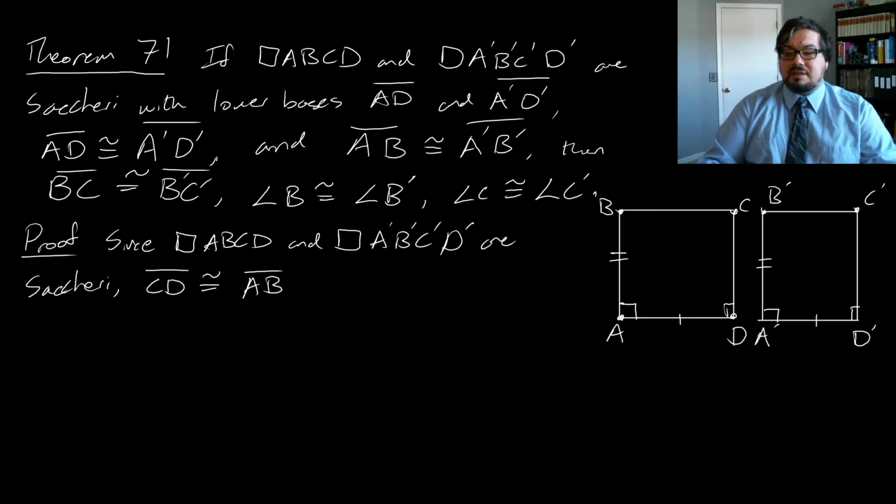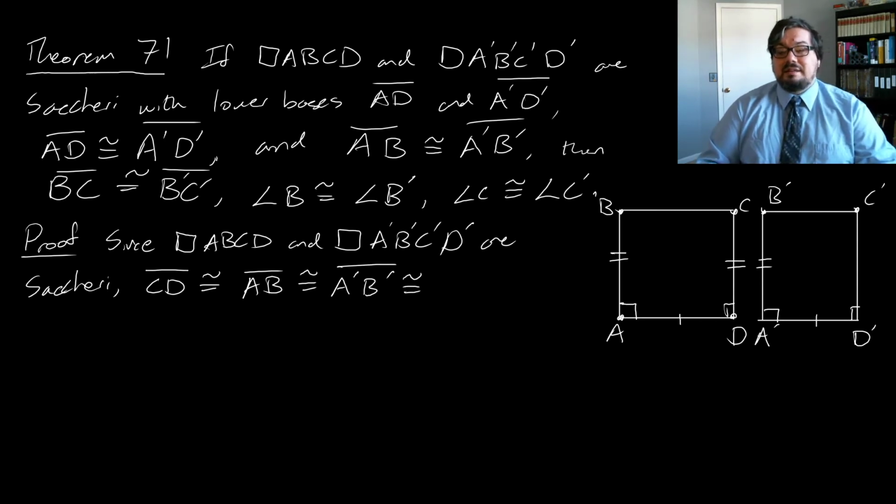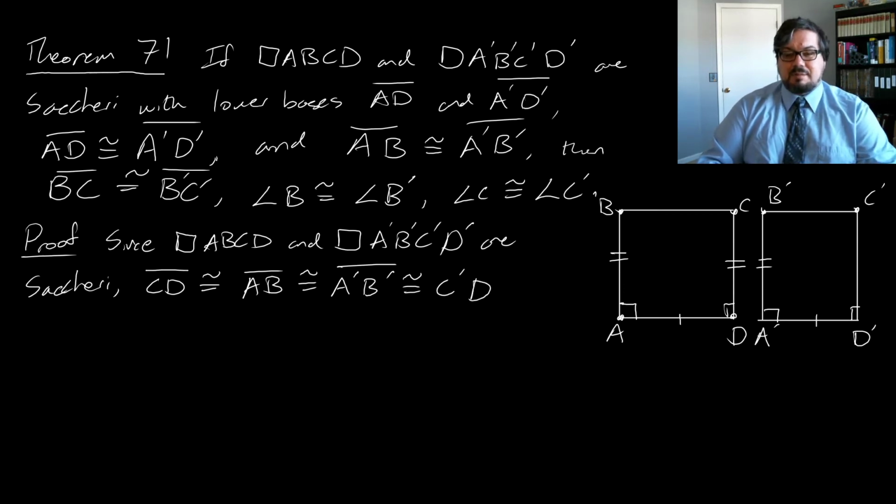That's part of the definition of being a Saccheri quadrilateral. Our hypothesis, one of our hypotheses, is that the segment AB is congruent to the segment A prime, B prime. And because the second quadrilateral is Saccheri, that means that segment A prime, B prime is congruent to segment C prime, D prime.